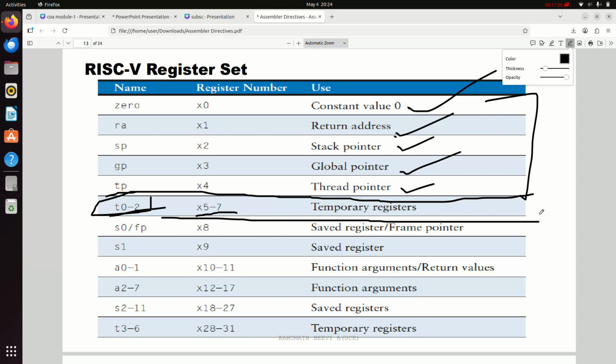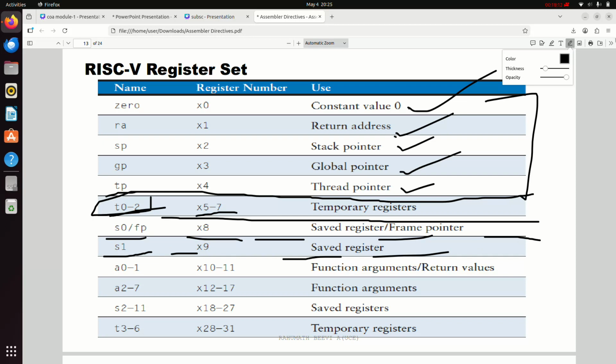Here, we have the constant value 0, the return address, the stack pointer, global pointer, thread pointer. Then T0 to T2 are temporary registers, x5 to x7. Then you have one saved register or frame pointer, that is S0 or FP. Then you have one more saved register, S1.